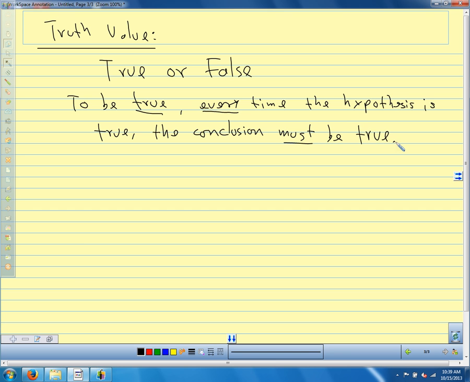So when we talk about the even numbers, every time we have an even number, no matter what even number we can think of, it is divisible by 2. So that's what makes that conditional statement true. Because every time we have an even number, we know it's divisible by 2.